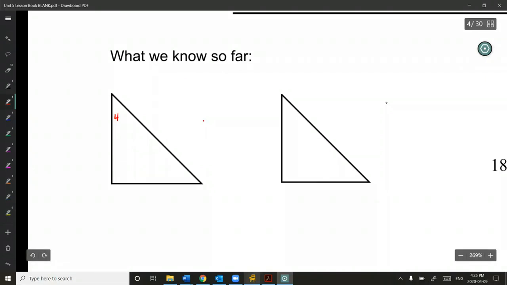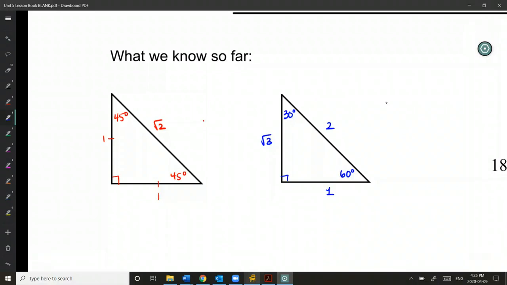So we know that there are two special triangles from which we can get exact values for sine 45, cos 45, and tan 45, and sine, cos, and tan of 30 and 60. And these come from an isosceles triangle with side measurements 1, 1, and root 2, and half of an equilateral triangle where we have angle measurements of 30, 60, and 90, with the smallest side being equal to 1, and the remaining sides being equal to root 3 and 2.